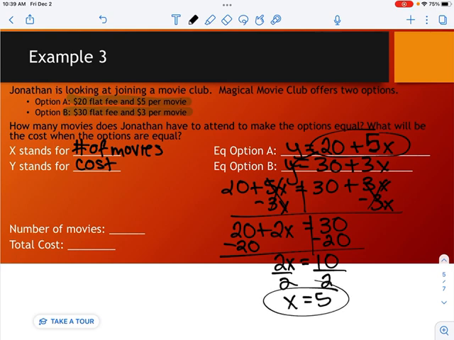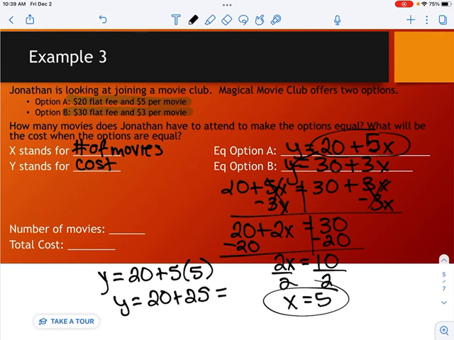Now I take that and plug it back in, and that gives me y equals 20 plus 5 times 5. So y equals 20 plus 25, which equals 45. The total cost when those are equal will be $45, and that would be looking at 5 different movies. And that's how we set up and solve word problems that involve systems.